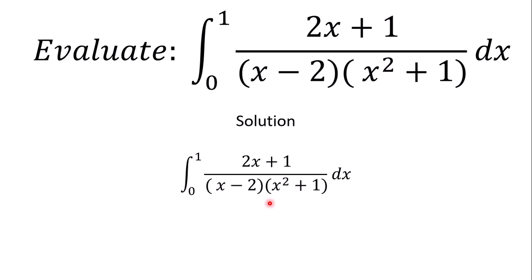And then the repeated factor simply means that, let's assume this one is x minus 2, and then here is x plus 1, and then you have another one which will be something like (x plus 1) squared, or something like x minus 2.